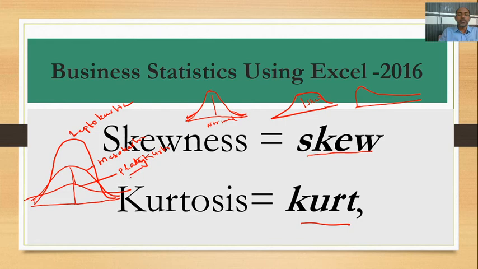Platy means flat. Meso means middle, average. Lepto is leap, having a peakedness in the distribution, which is called kurtosis.